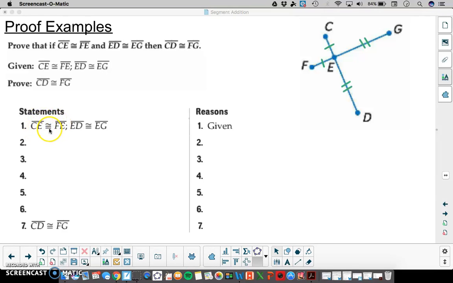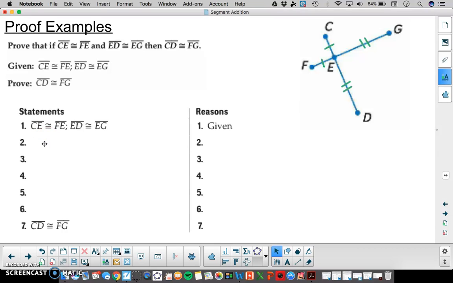When we're looking at congruency, we only say objects are congruent, but measures are equal. So I have to use the definition of congruence to give me the equality instead of the congruence. Now that I have the measures, I can then use my segment addition postulate with the measures in that equation to help us further the proof.